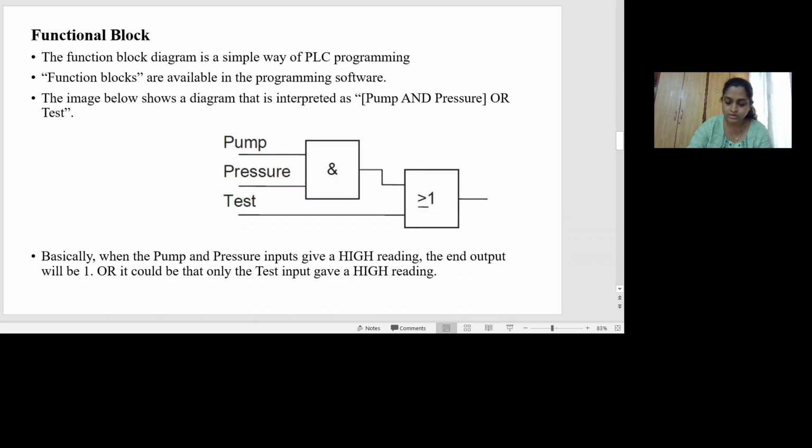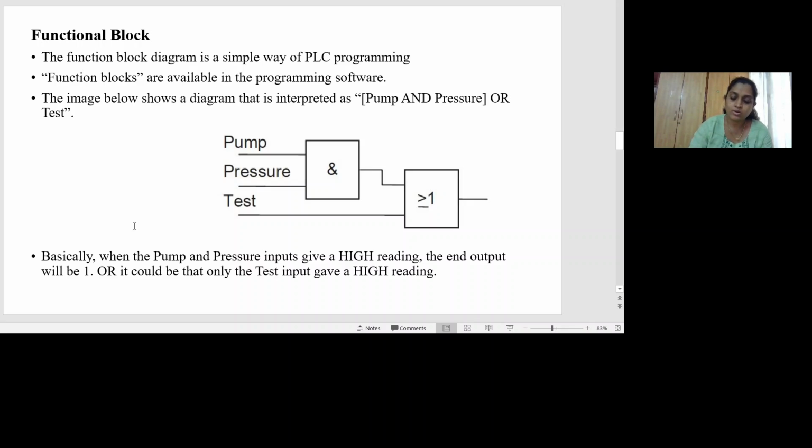The third programming language will be the functional blocks. Again, this functional block is a graphical based language. It describes a function between inputs and outputs which are connected to the blocks.